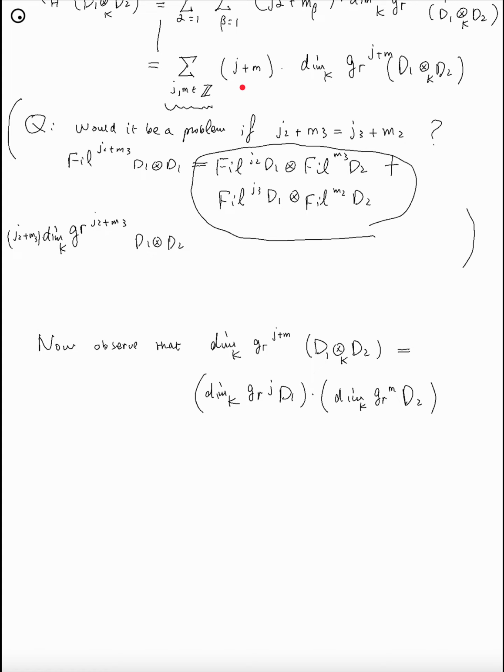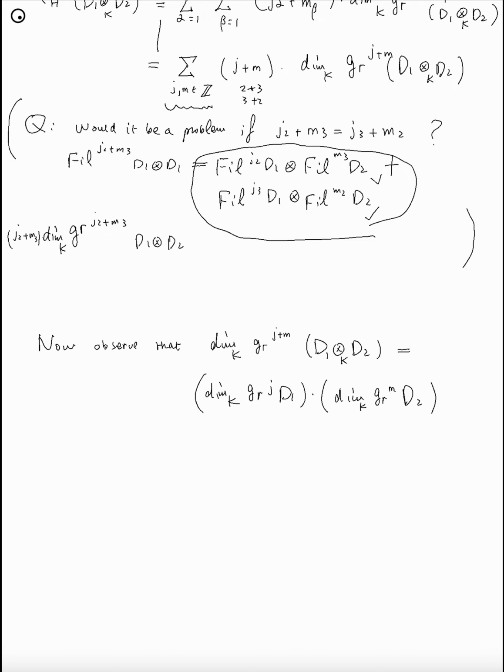Really what you're doing is, I take 2 plus 3 and then 3 plus 2, which correspond to the same degree, but you have to compute it twice. It's because here you have two terms giving you the similar condition. When you use this formula, the first term you compute is graded 2 of D1, graded 3 of D2, but the second is graded 3 of D1, graded 2 of D2. So you really have to count it twice.